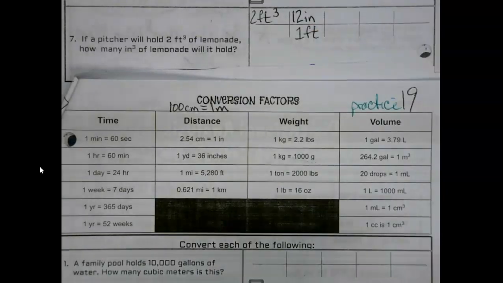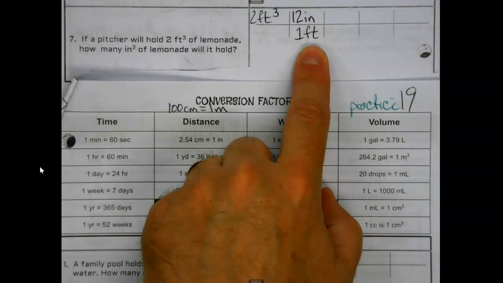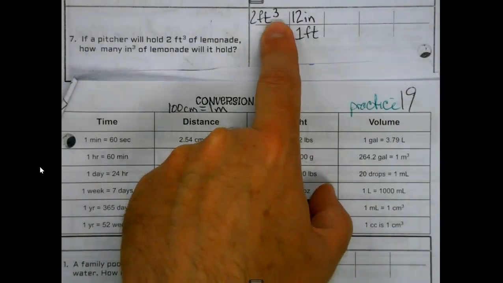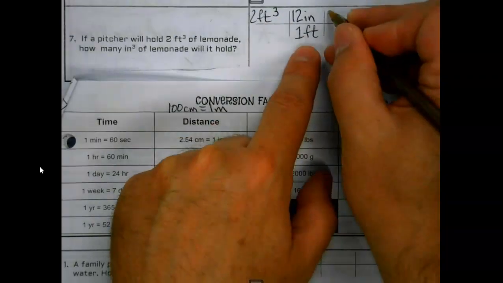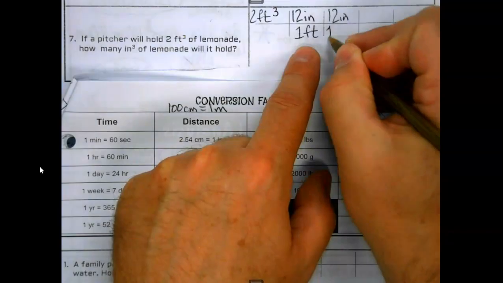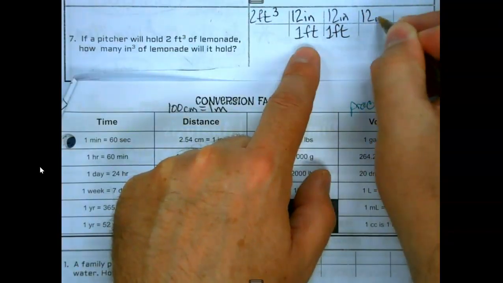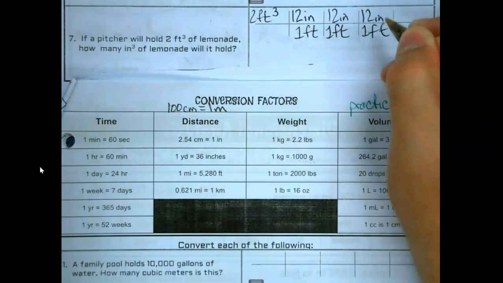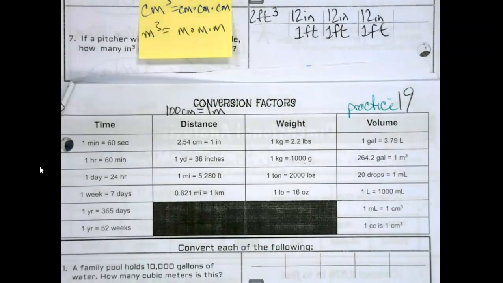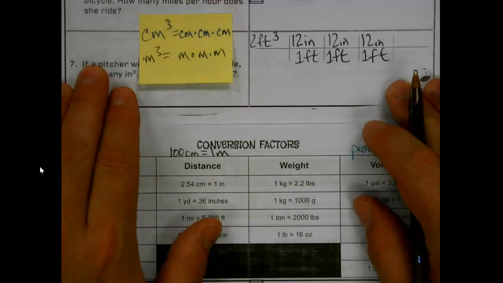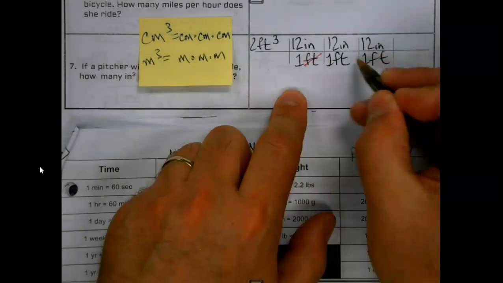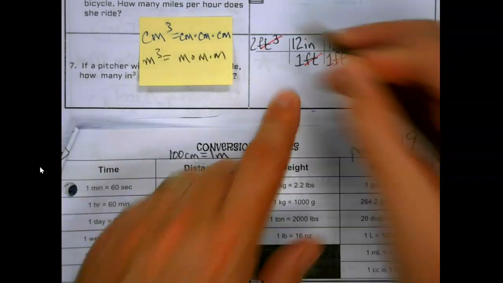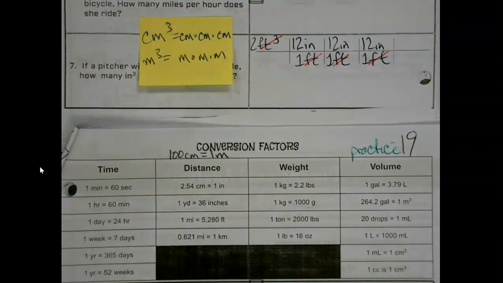Now here, but that only takes care of 1 foot. You're like, oh, it's this again, like that other one we did on the front. If it's feet cubed, we're going to have to do this 3 times. Because sort of like when we were doing the centimeters and meters before, we've got to make sure that we have enough feet, 1, 2, 3, to cancel the cubed. Unless you want to figure out what 12 cubed is right away.